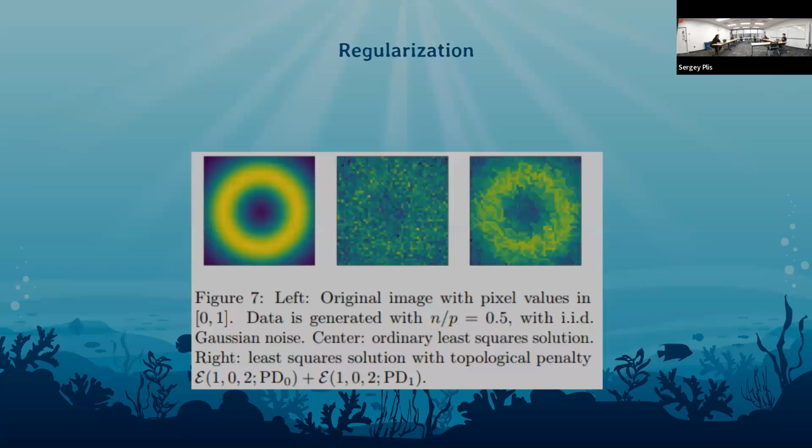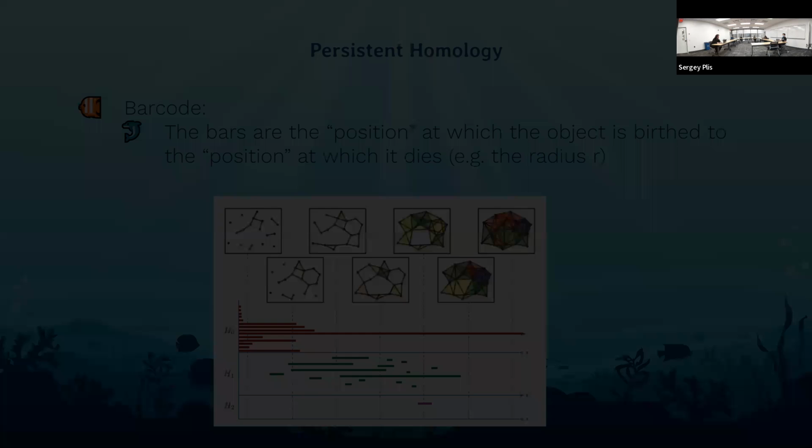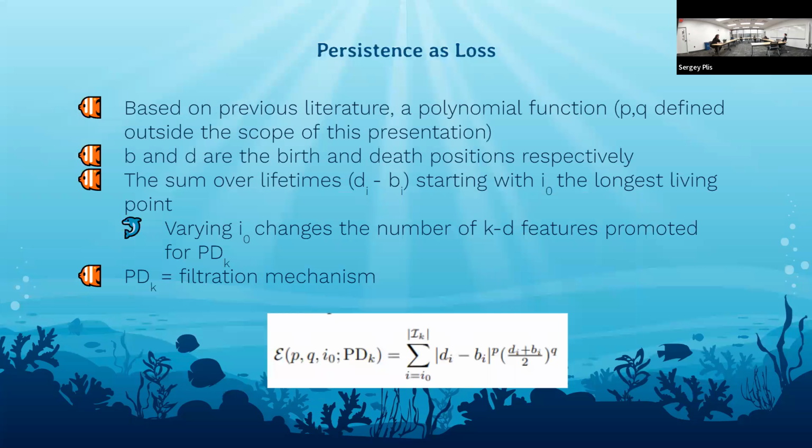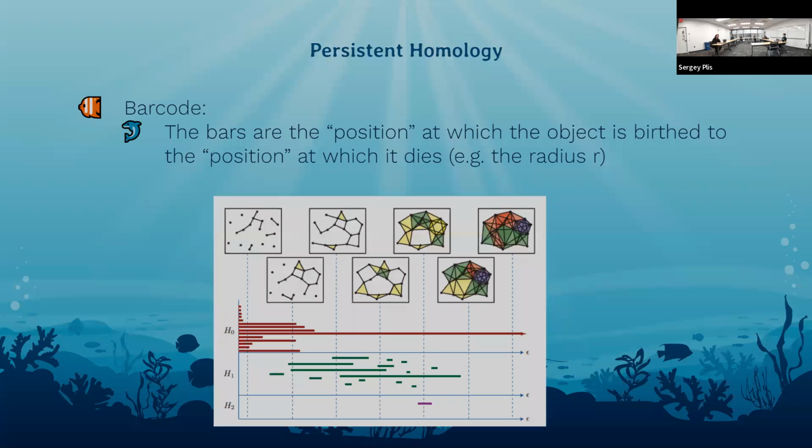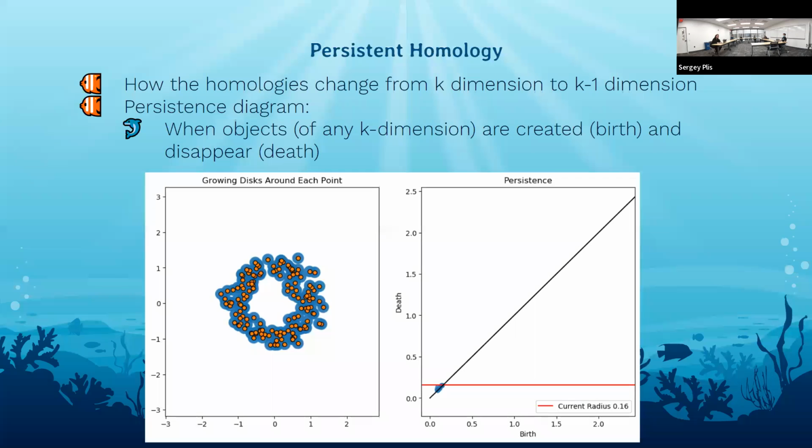Okay, so the topological information is defined by the births and deaths of the persistence diagram of the object. We'll go back here.